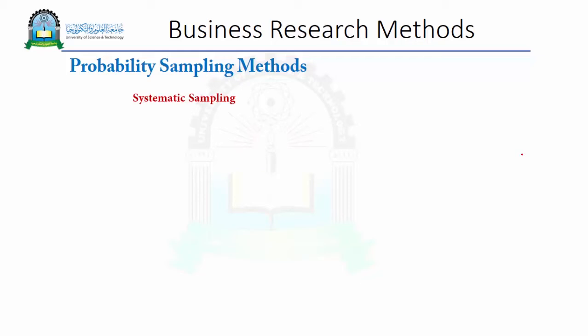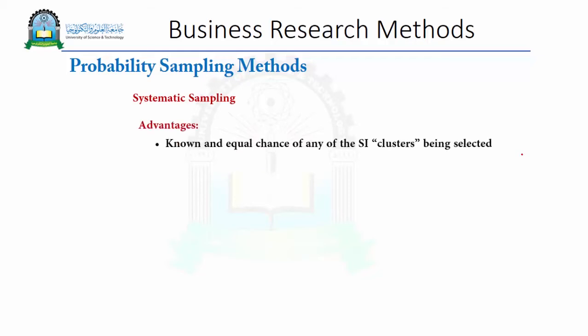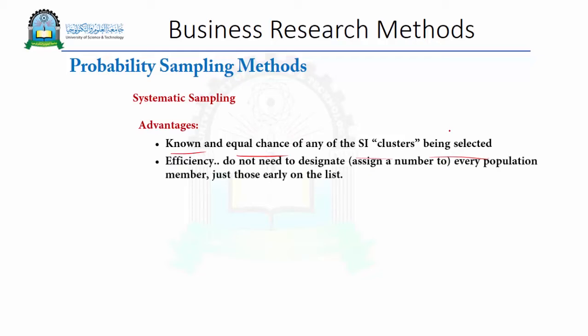The advantages of systematic sampling are, again, a known and equal chance for the clusters, the sampling interval, or the units being selected. Efficiency, because you do not need to assign numbers to every population member, just those early on the list.